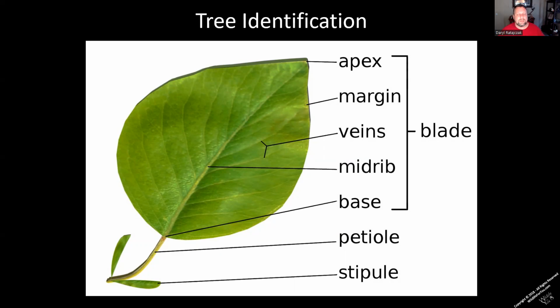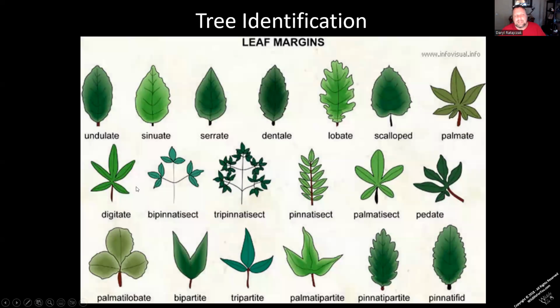It will explain all this, but the main thing I want to tell you is it will go into some detail. It's not going to be like an ABC first grader book where it's super simple with just pictures. Sometimes in order to identify specific tree species, you have to get very detailed and know what you're looking at. Another example is the leaf margins.